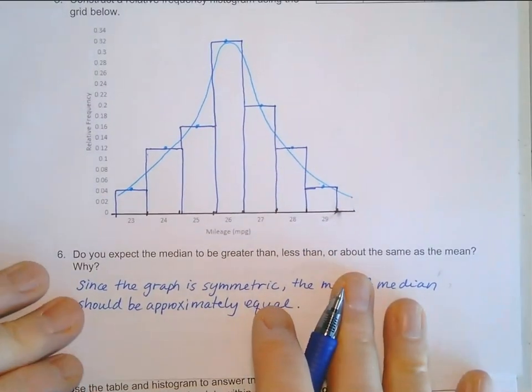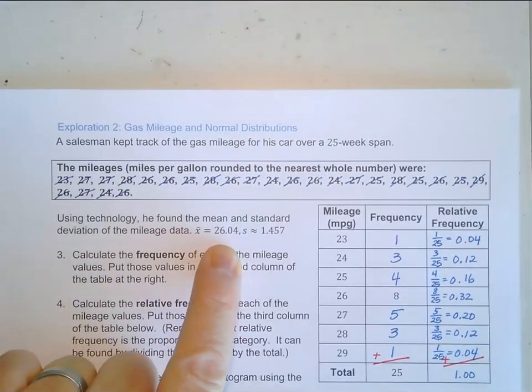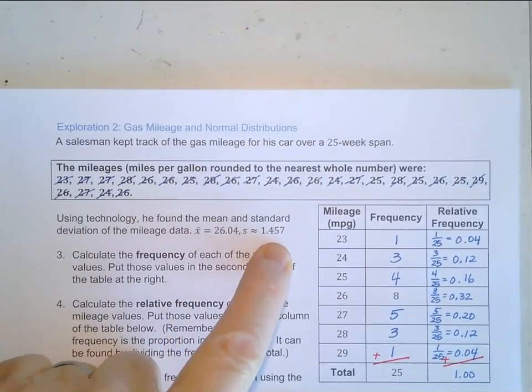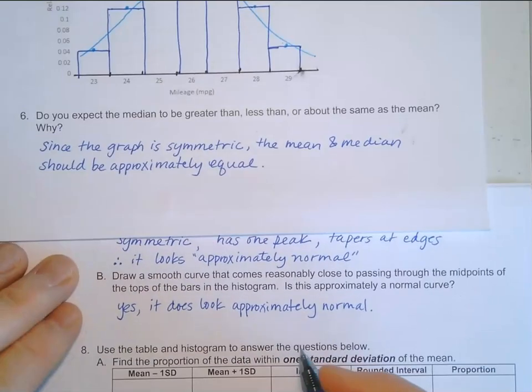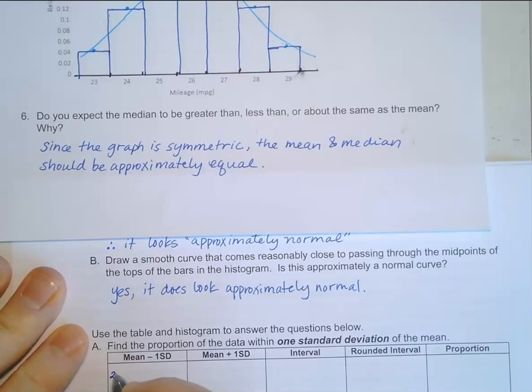So if you remember correctly, they told us up here that the mean was 26.04 and the standard deviation was 1.457. So the mean is 26.04, and then it's 1 times the standard deviation, which is 1.457.